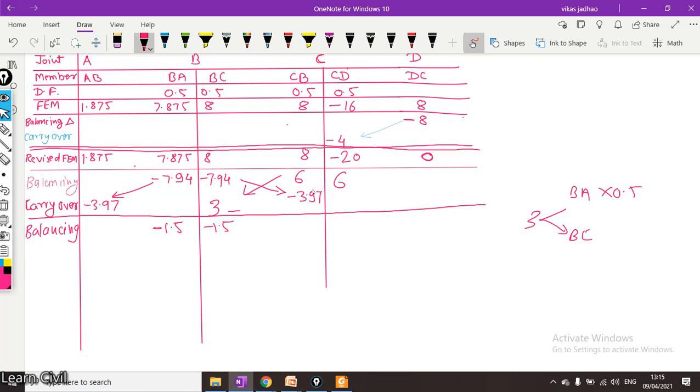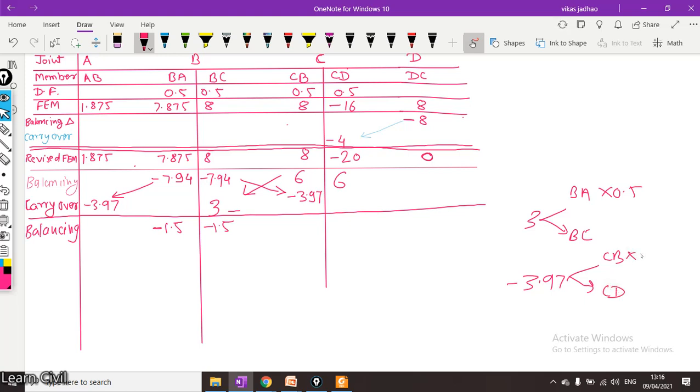Now this moment of minus 3.97 will be shared by CB and CD, but the sign will be different. So this minus 3.97 will be shared 50% by CB and 50% by CD. Why 50%?